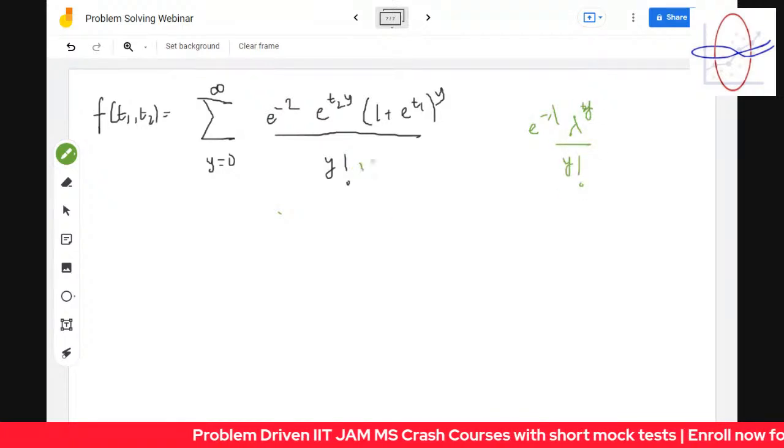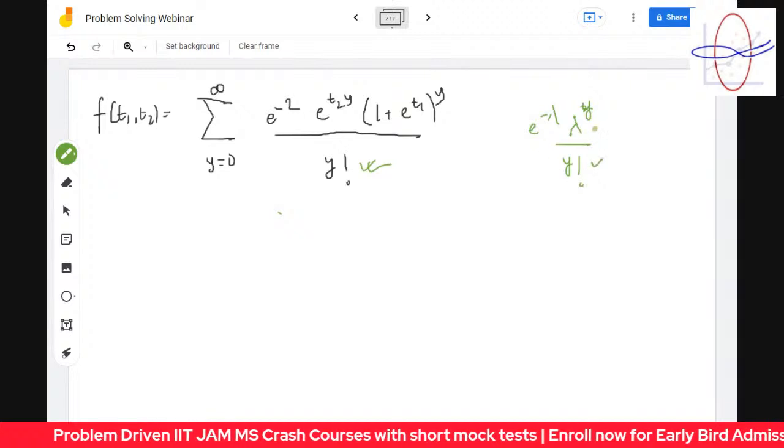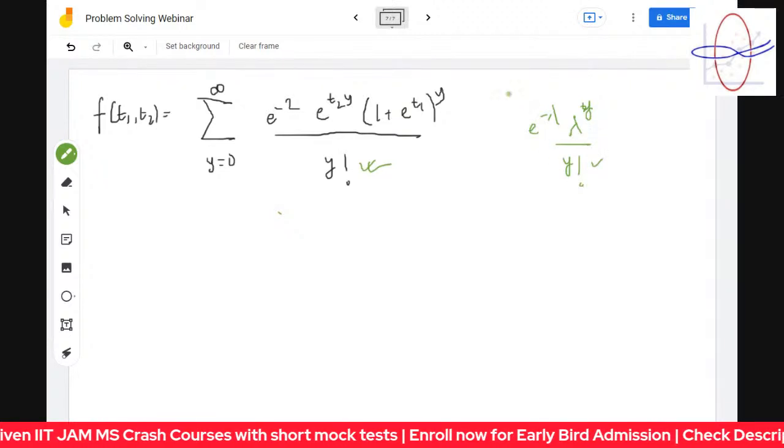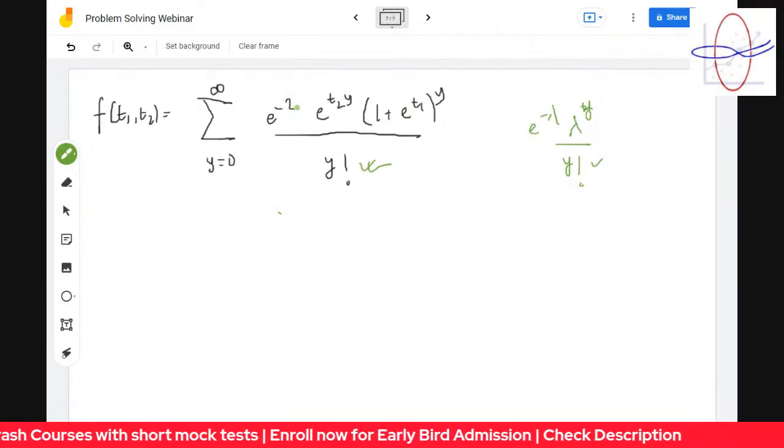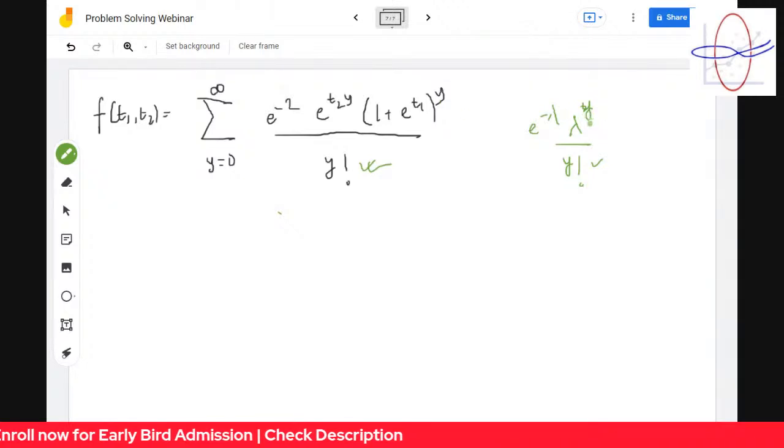So y factorial is already there, and you find out the lambda stuff. You can understand 2 must be over here, so lambda to the power 2y.